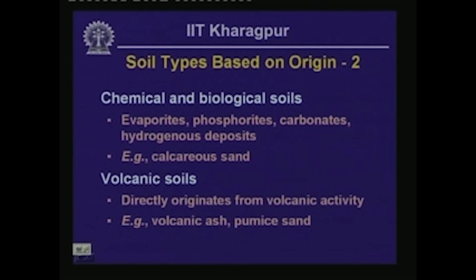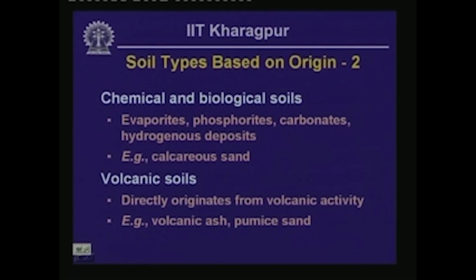Chemical and biological soils include evaporites. Evaporites are solid precipitates because of evaporation of different types of water that have dissolved colloids in it.